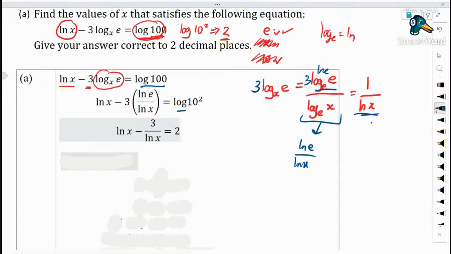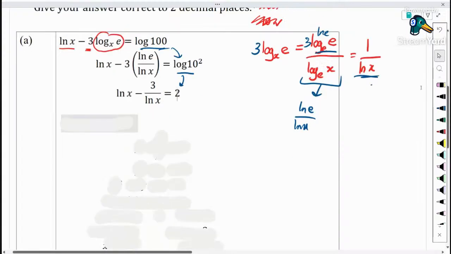It's important to show this process of calculations instead of directly pressing the calculator for the result. Then reaching this point, what we find out is that we're going to solve by doing substitution so that everything looks even clearer to solve. So here, I do substitution: let y equal to ln x.